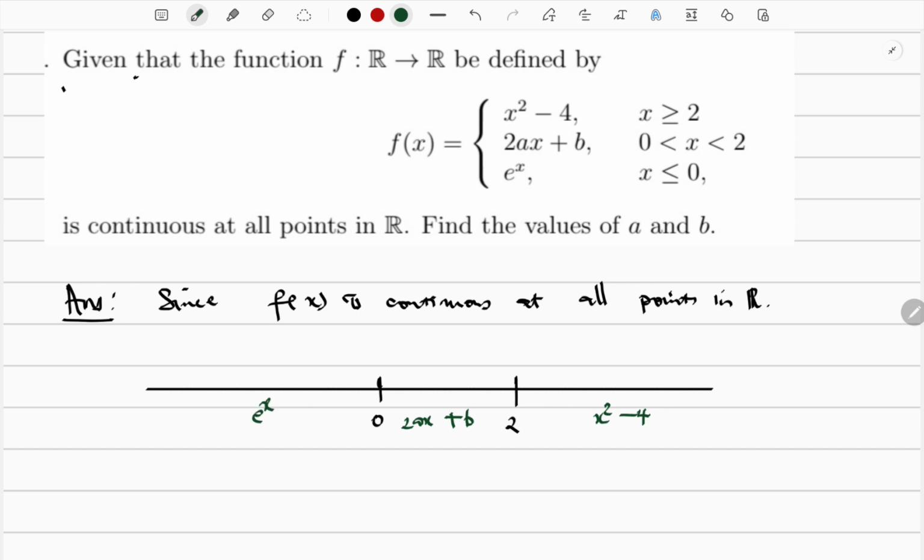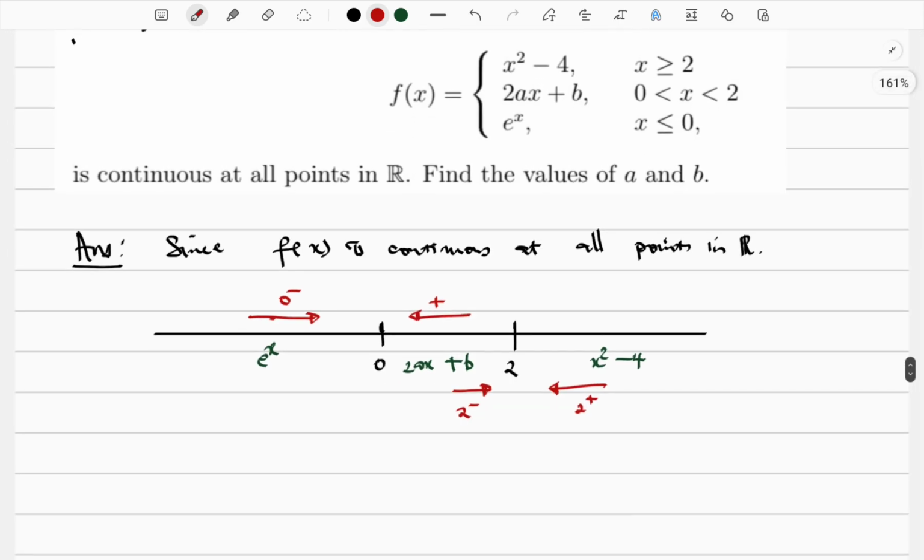So we don't care what the graph looks like, but we are told that it's continuous. So we are going to use this approach. We're going to approach 0 from the negative and approach 0 from the positive. And the same applies on this one: we are going to approach 2 from the negative and approach 2 from the positive. Those are the 2 things which we are going to do and which are going to give us solutions. So let's first start with 0 from the negative and 0 from the positive.